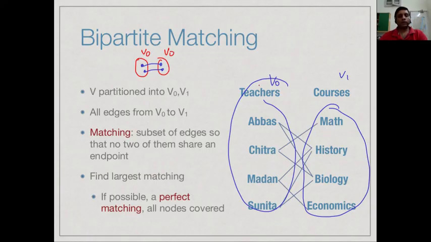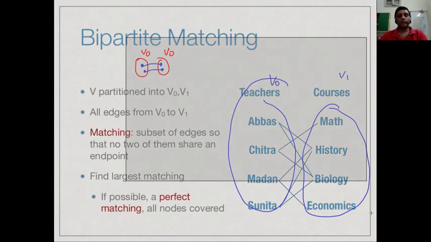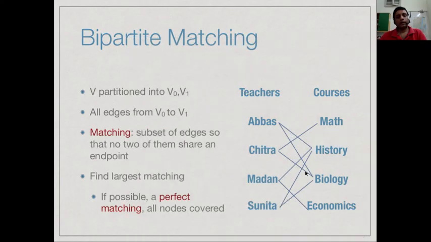Okay? Now what we have asked is to find an allocation. What will an allocation do? An allocation will pick an edge and say, for instance, that Abbas will teach history. Now once Abbas has been assigned history, then this means that this edge cannot be taken anymore, because Abbas cannot be assigned anything else. It also means that this edge cannot be taken, nobody else can be assigned this course. Okay?